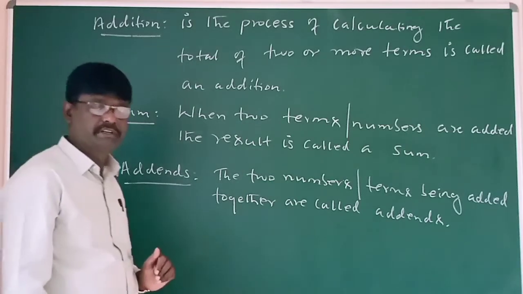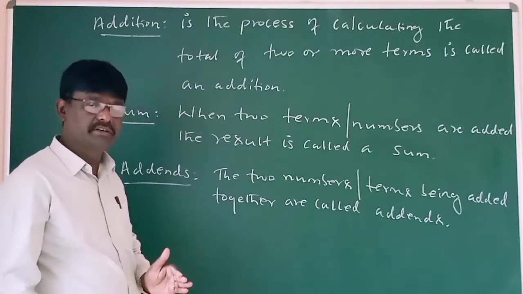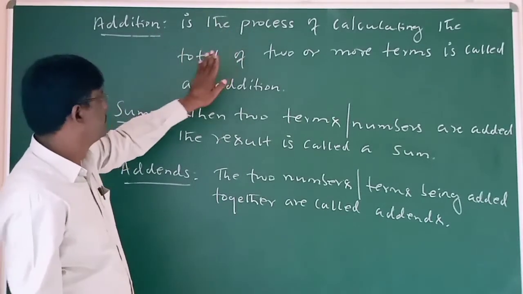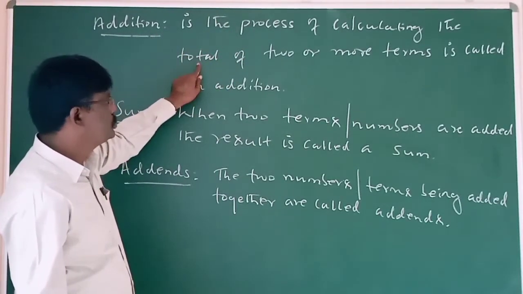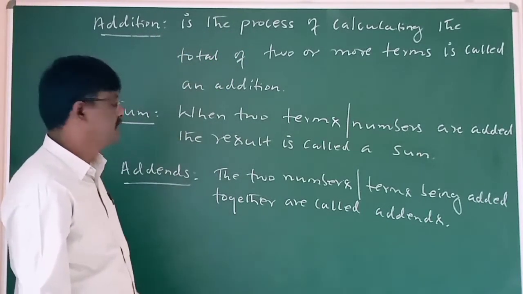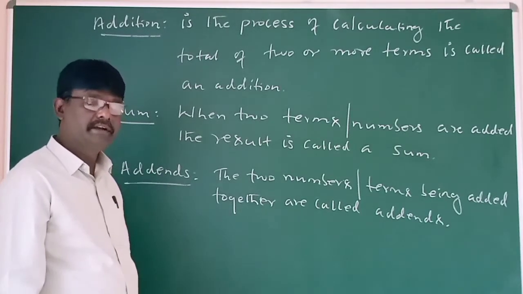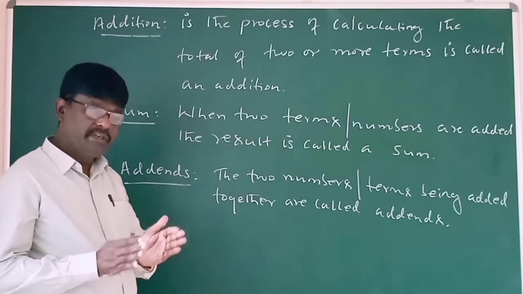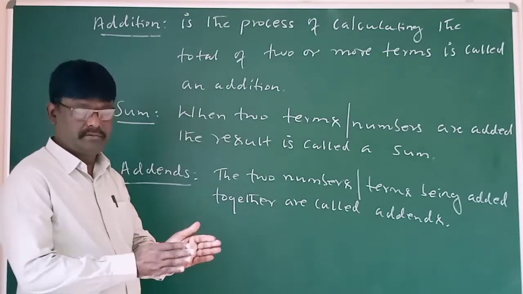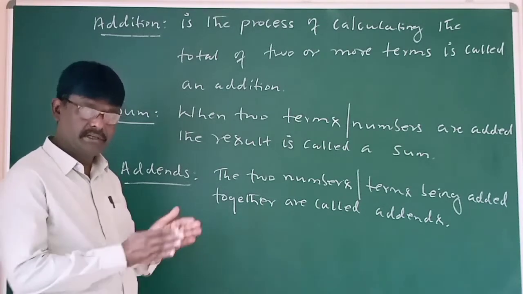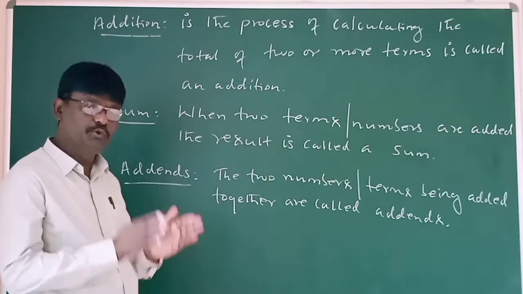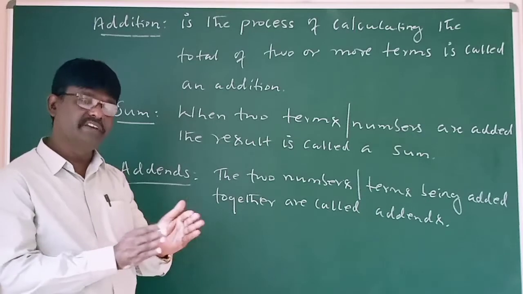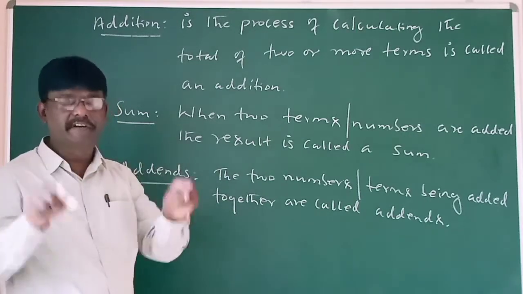Now we shall try to define the most basic terms, like addition. As we all know, children, what is an addition? Addition is an operation. It is a process of calculating the total of two or more terms. And keep one thing in our mind: as beginners of mathematical learning, try to remember each and every basic term with a complete sentence.